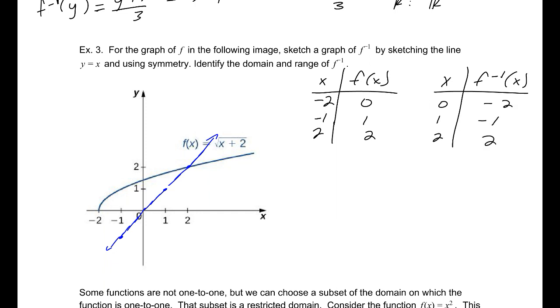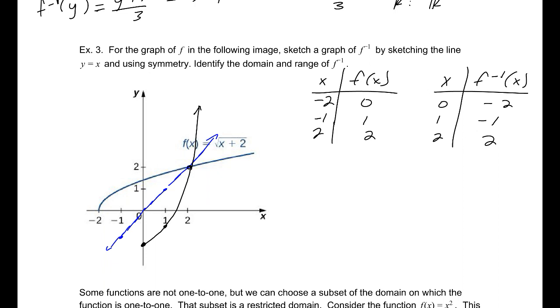We interchange the x's and the y's. (0, -2) will be somewhere in this vicinity. (1, -1), (2, 2). That would be my inverse. A graph of that using symmetry.